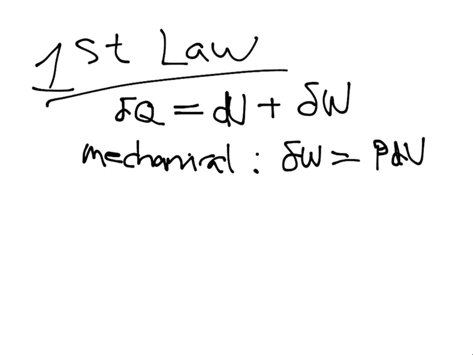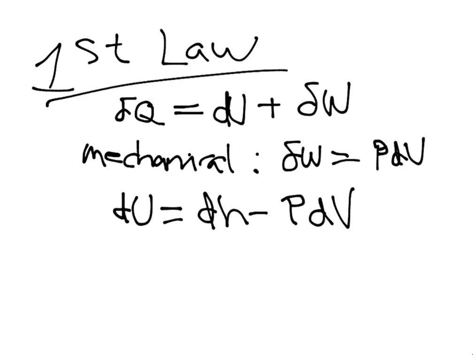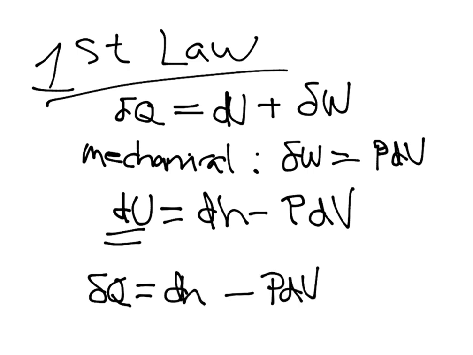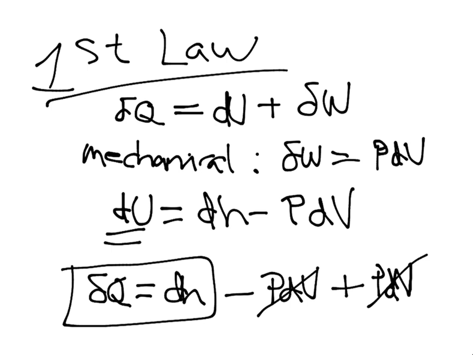And if we consider our equation above, we can also write dU as dH minus P dV. So if we sub in our dU to the equation above, we would get our heat transfer is equal to dH minus P dV plus P dV from our mechanical work. These would cancel, and we are now left with heat transfer is equal to our enthalpy.